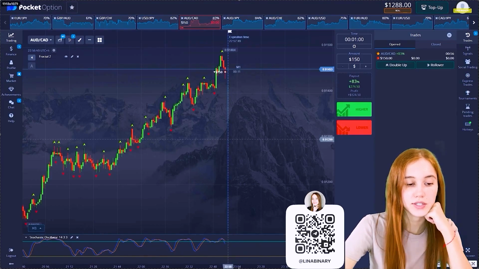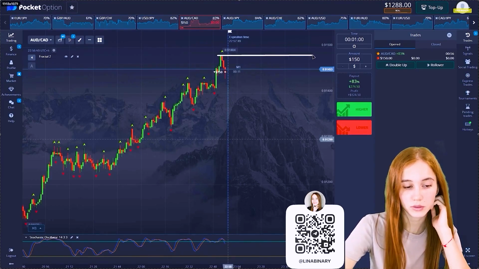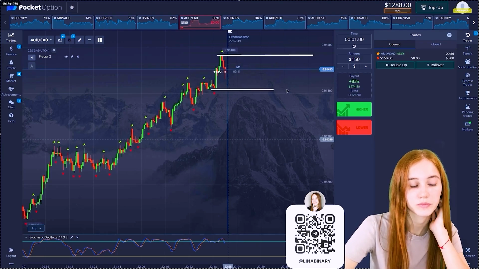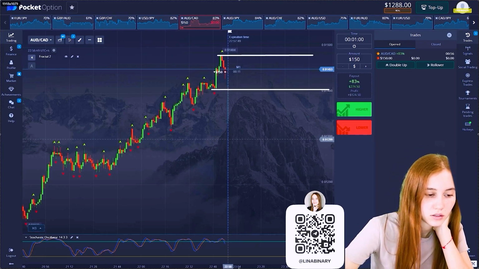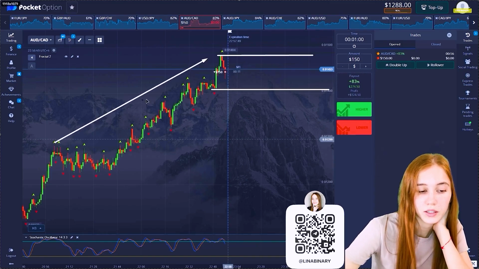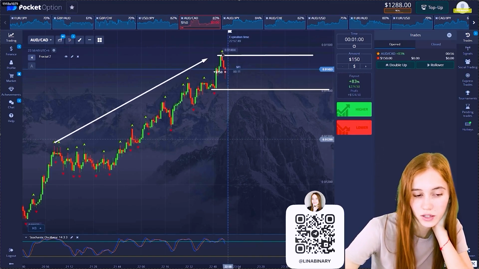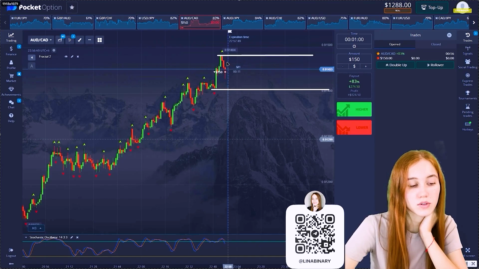We see that the resistance area and the support area has been established. According to the general picture, there was growth. But at the moment, the upper fractal was unsatisfied, so the fall began to the support area.